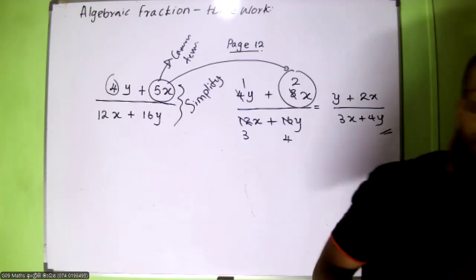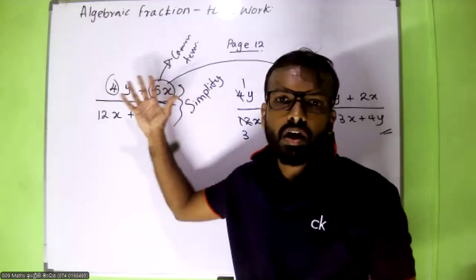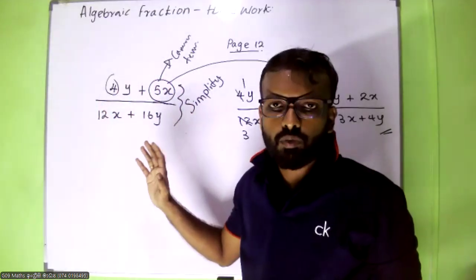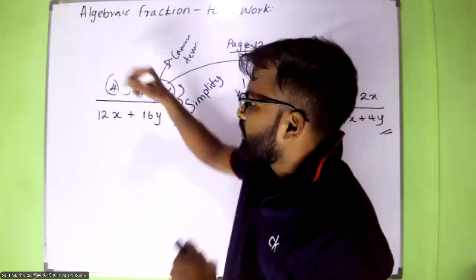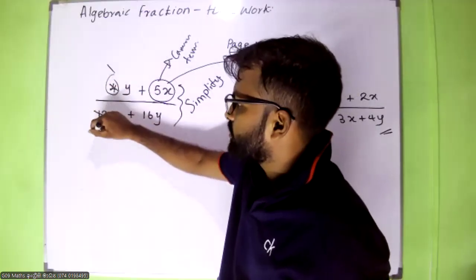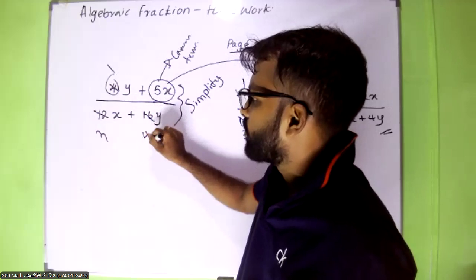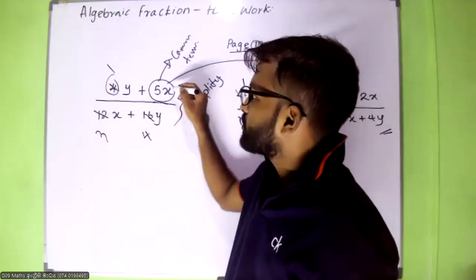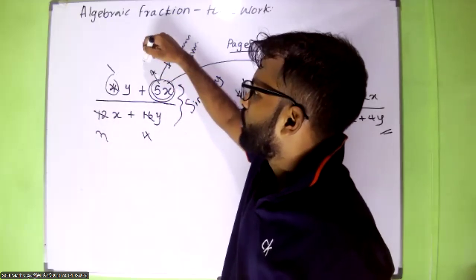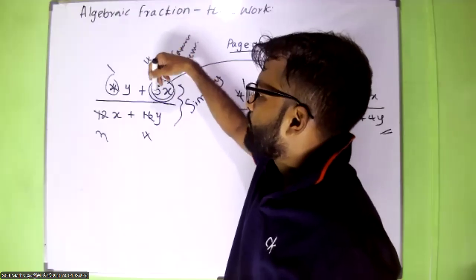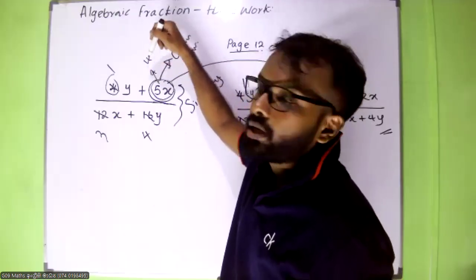Right? So, all the terms should have common terms if you want to simplify. Here you cannot simplify 4 times 1, 4 times 3 and 4 times 4. You cannot do this simplification because 5x is not a multiple of 4, that means this 5 is not a multiple of 4.